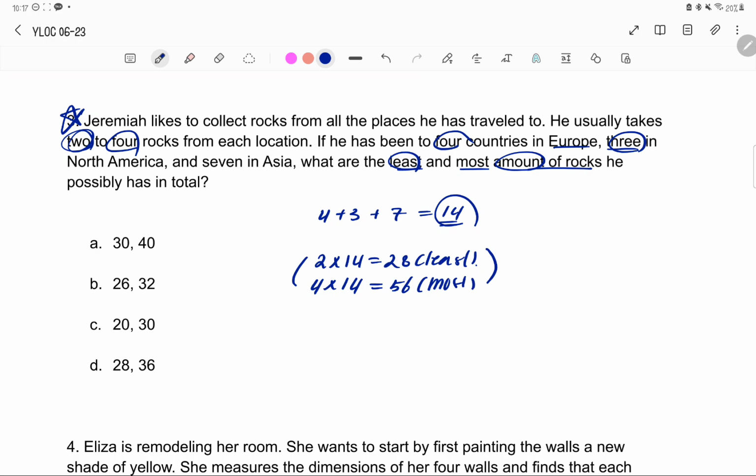If we choose the answer, the answer is not listed here, I think. Yeah, it's supposed to be 56 because he visited a total of 14 places and collected 4 rocks each, assuming that. So the answer is just 28 and 56.